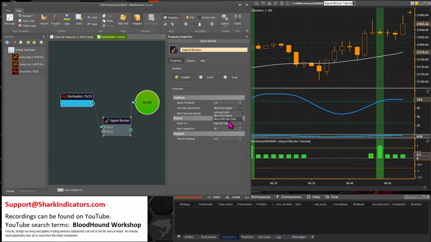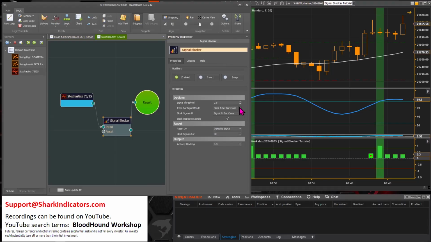And then this one, hopefully this name is pretty self-explanatory as well, which is only block after the bar closes.